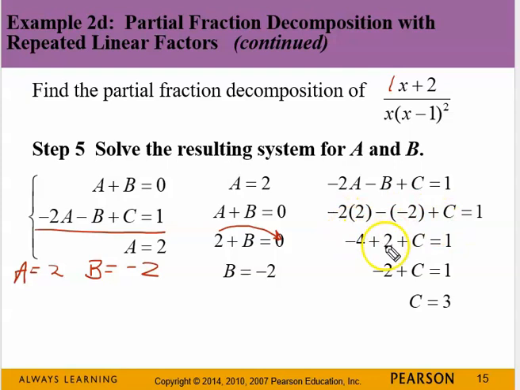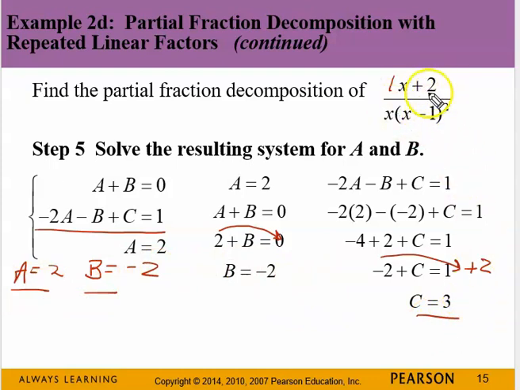This is a positive 2. This arithmetically becomes a negative 2, which we're going to transpose, becomes a positive 2 on that side. And here c is 3. So we now have our 3 values, a, b, and c.